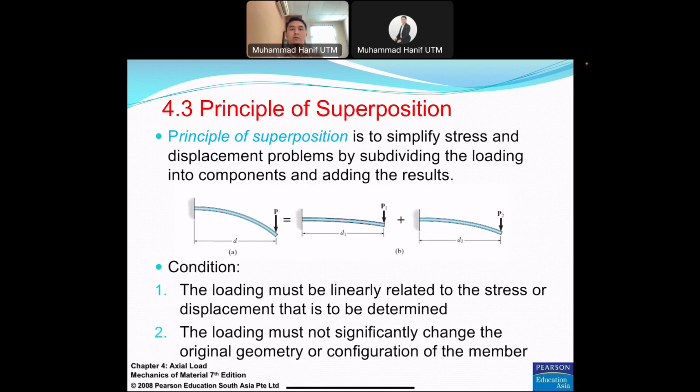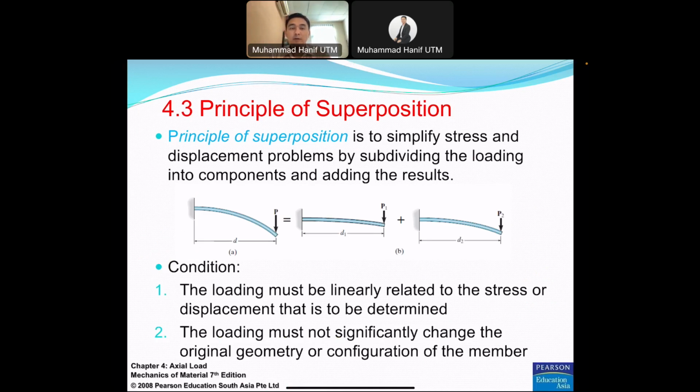Okay, so we have gone through the process on how to calculate the displacement, or sometimes we call it deformation, where we apply an equation of delta equal to PL over AE. So normally I will remember it this way: delta equal to pi, okay, PL over AE.